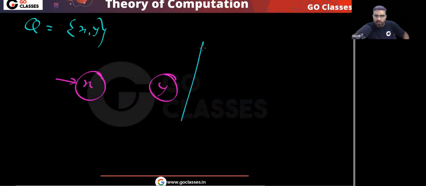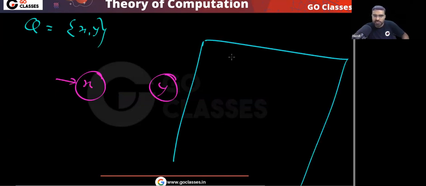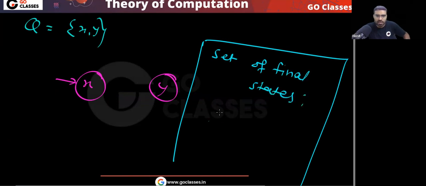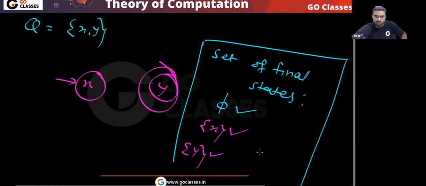Tell me, what are the possibilities for the set of final states? Don't create any final state, so this is possible. Or you make this final state, then this is possible. Or you make this final state, then this is possible. Or you make both of them final state.